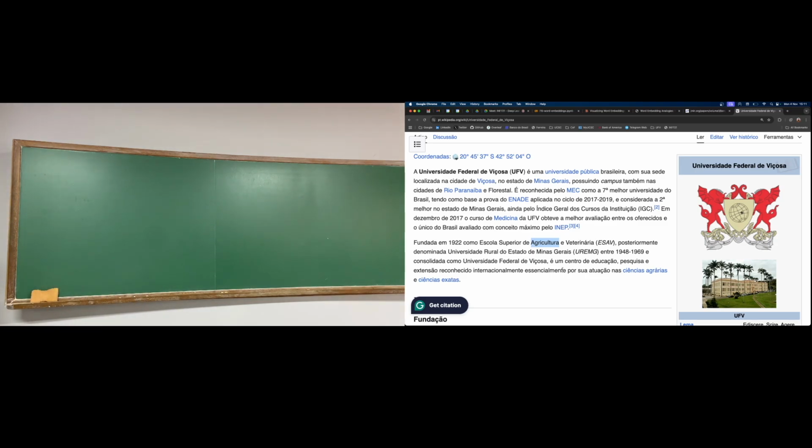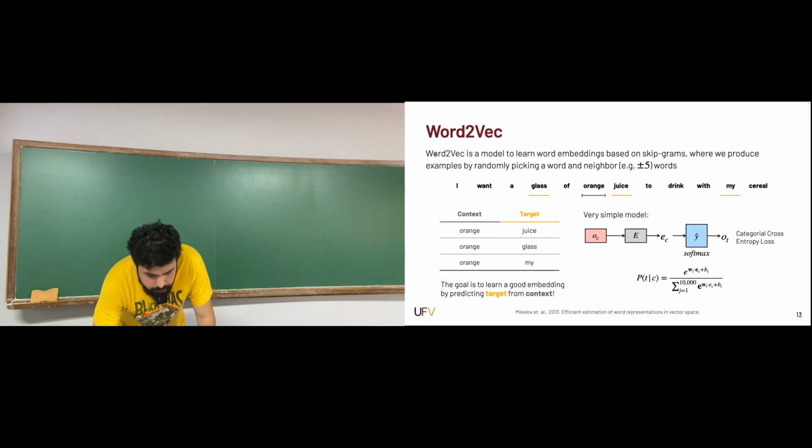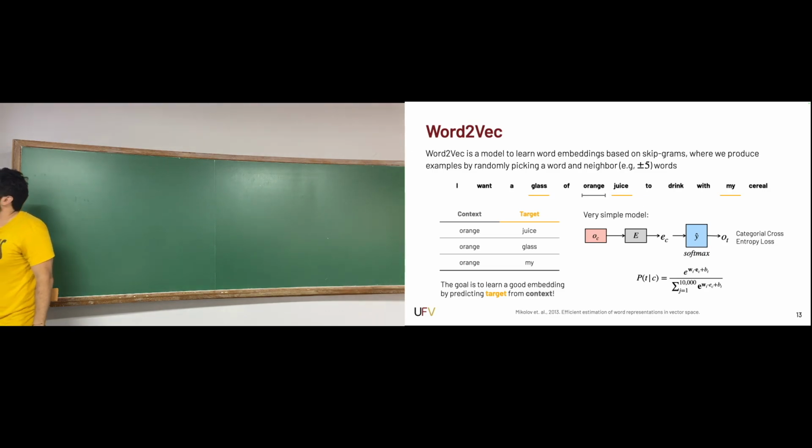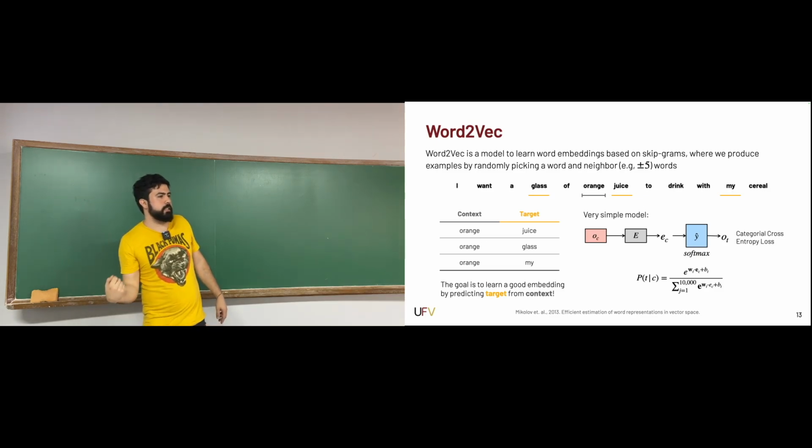So 1, 2, 3, 4, 5, and 1, 2, 3, 4, 5, right? And just pick any word in that window at random. So agricultura is now our target, and we can pick, let's say, veterinária or escola or posteriormente as a context word. That's what word2vec does. Sorry, I think I said it differently: we fix the context and we sample the target.